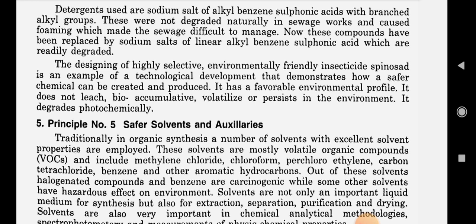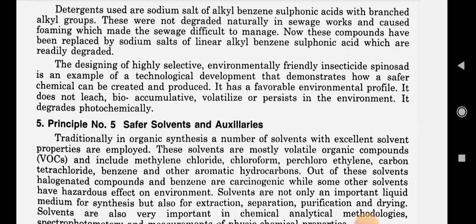These were not degraded naturally in the sewage works and caused foaming, which made the sewage difficult to manage. Now these compounds have been replaced by sodium salts of linear alkyl benzene sulfonic acid, which are readily degraded.